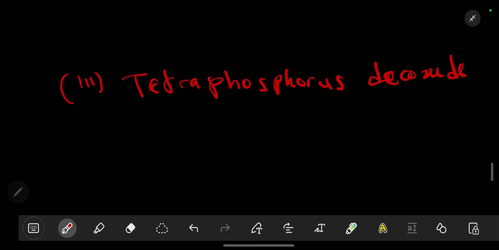Last but not least, we have tetraphosphorus decoxide. Tetra means 4, phosphorus is P, so we write P4. Deca means 10. Oxide, we have the oxygen, then we have 10 of them like that.